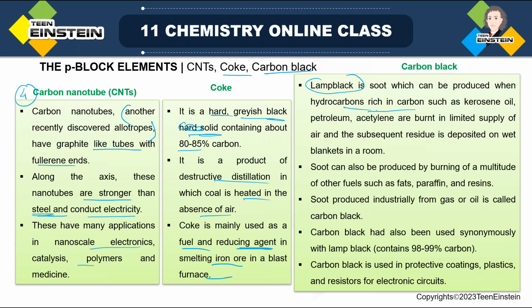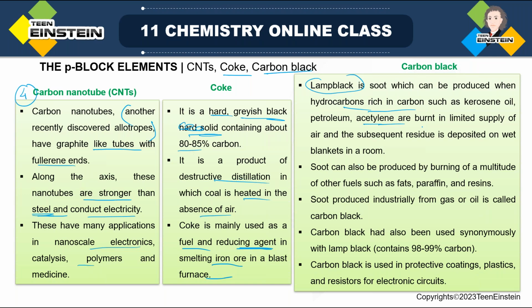So hydrocarbons which are rich in carbon, such as kerosene oil, petroleum, acetylene, etc. Remember, acetylene is a type of alkyne, and in alkyne, because of unsaturation, the carbon to hydrogen ratio is high compared to alkane. That means high carbon content.